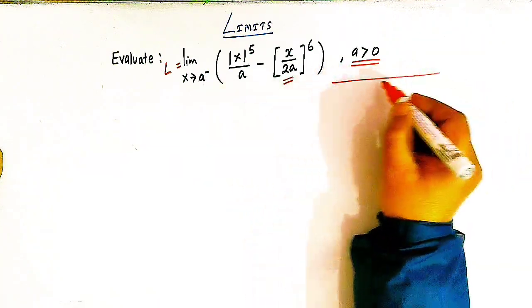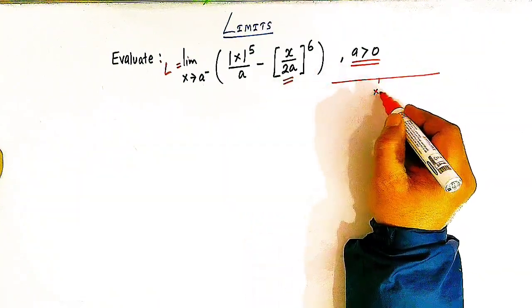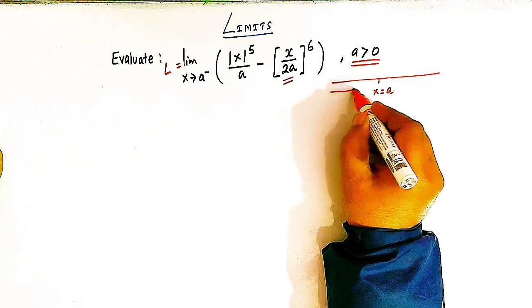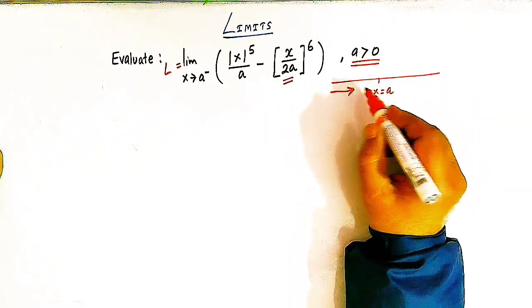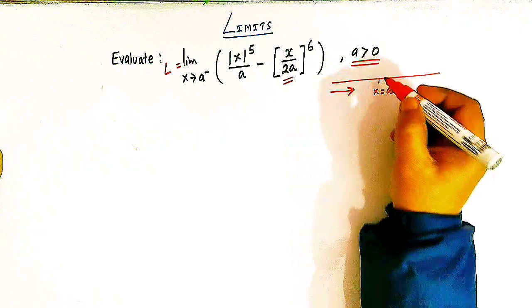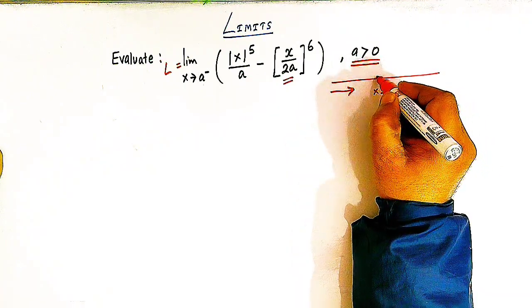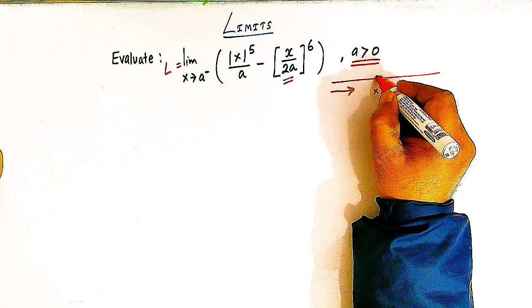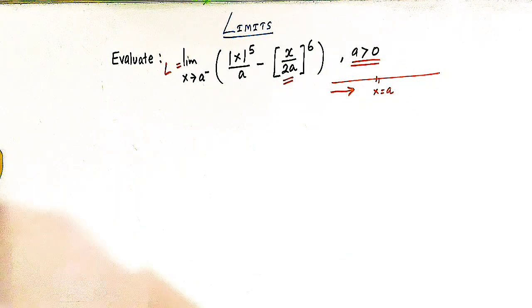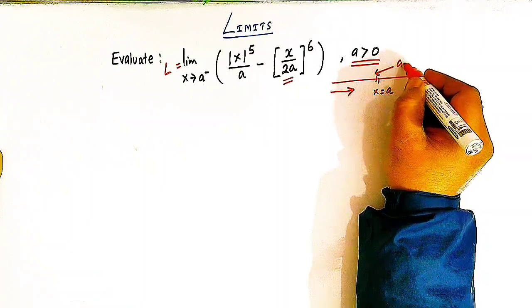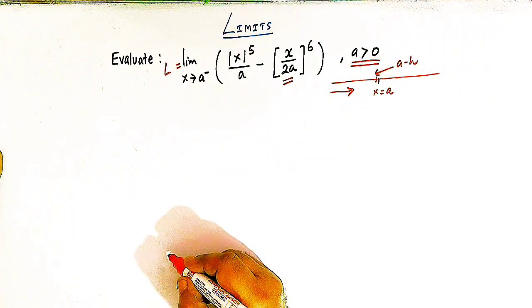So we are approaching x is equal to a from this side, and we reach a point in the left neighborhood of x is equal to a, and this point is a minus h.